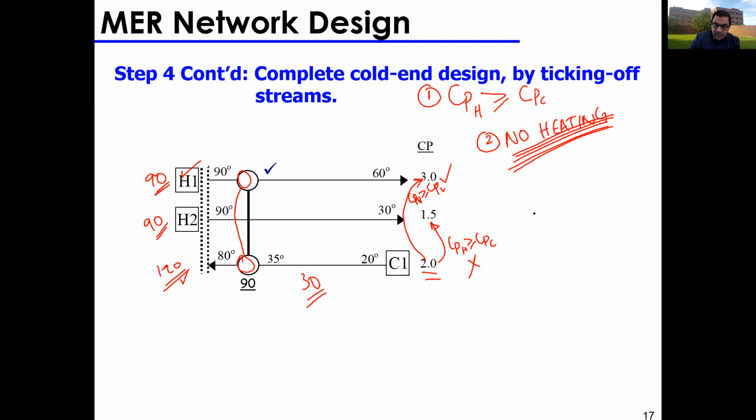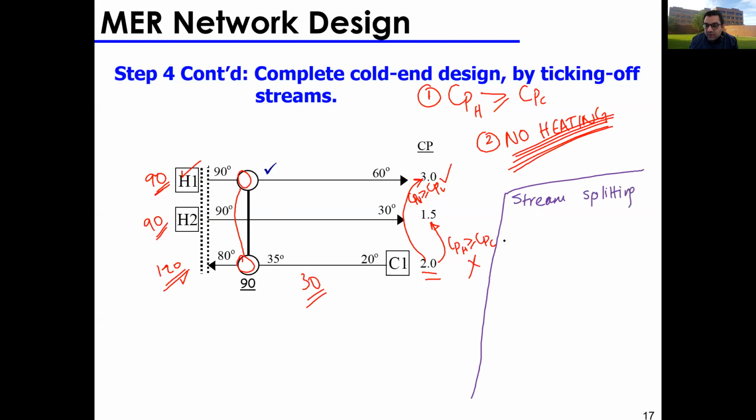This is very common when dealing with these types of problems because you don't want to violate the rule of having no heating below the pinch. However, I still have 30 units here, which I need to heat this cold stream, and I can't do it. So in order to do this, we're going to introduce something called stream splitting. Let me just write it here. Stream splitting.